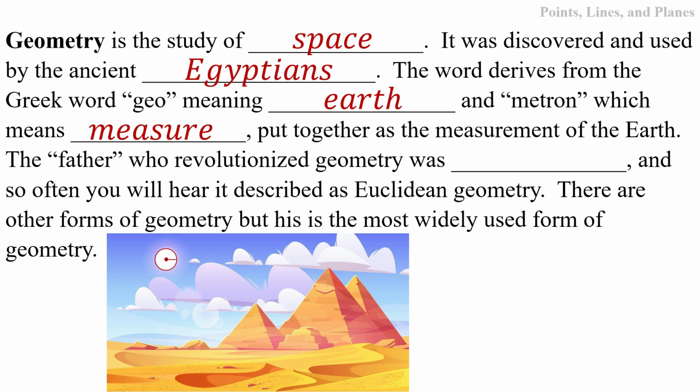Some other stuff in geometry you can use is, for example, if I can measure the side of this pyramid here, and I can measure the other side of this pyramid here, and if I measure the angle in between them, well, there is a relationship between those two sides and that angle.